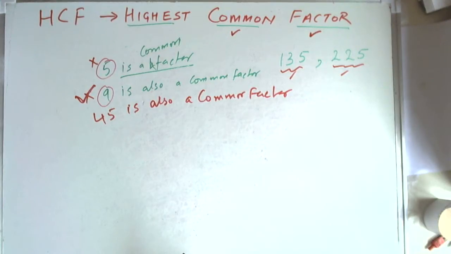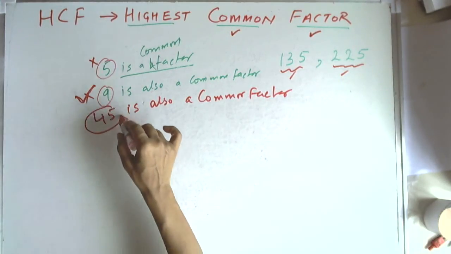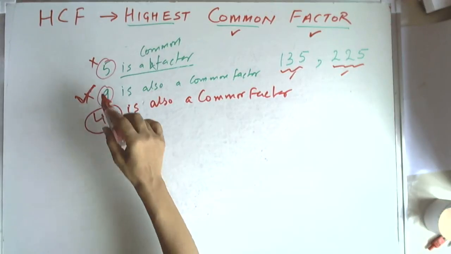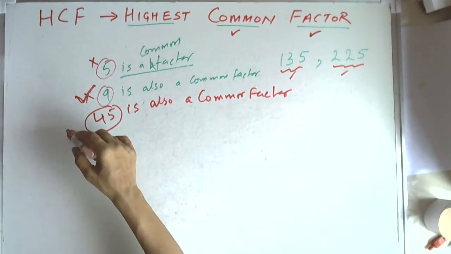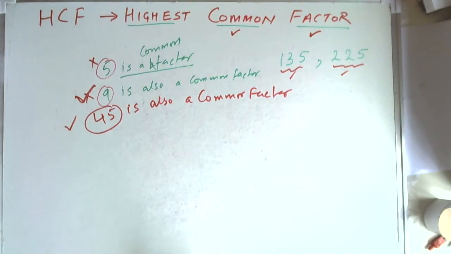So 45 is also a common factor and it is definitely greater than 5 and 9. So then it means 45 is a higher common factor. Now is it the highest or not? We have to keep trying till we know that there is no number higher than 45 which is a common factor.